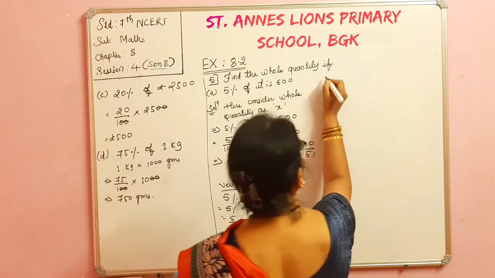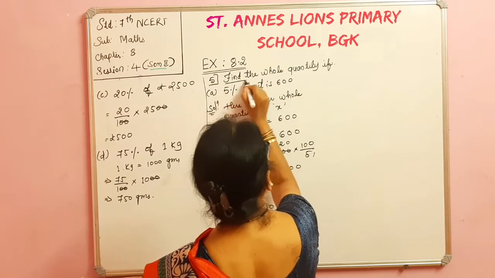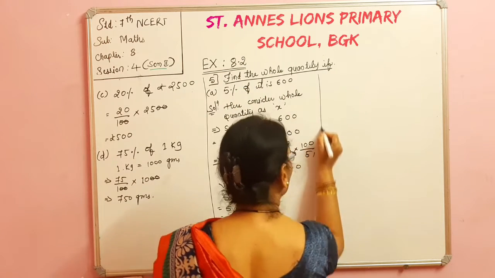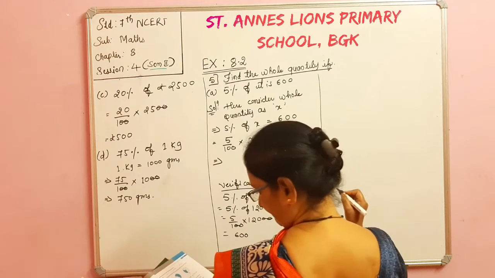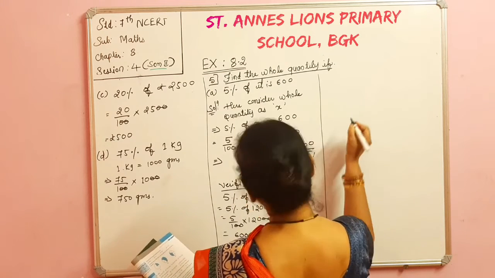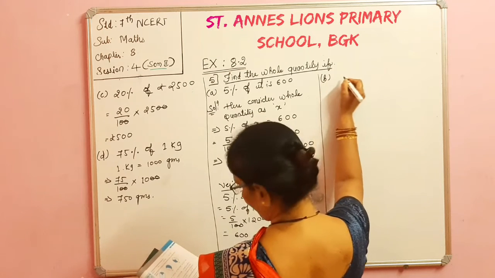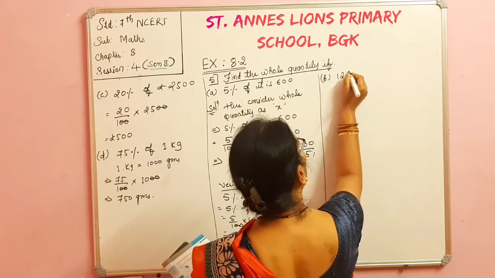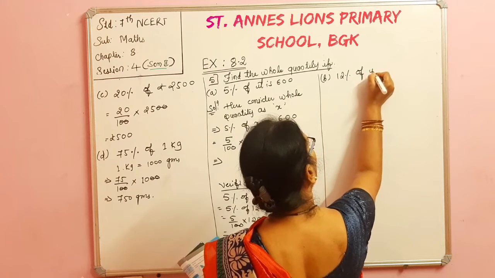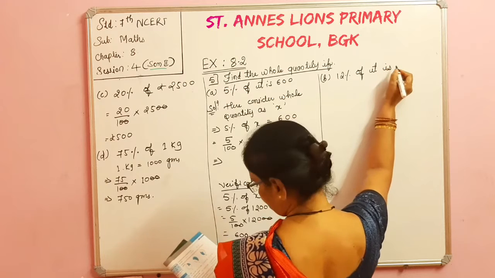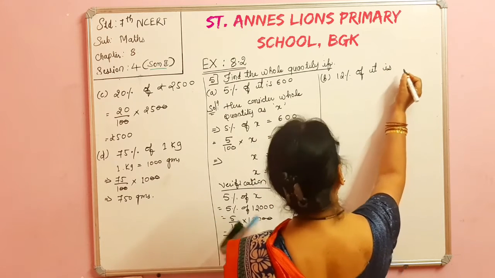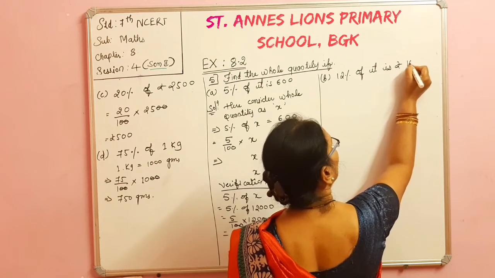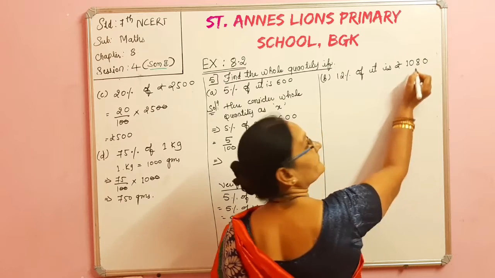So the second one, B. 12% of it is rupees 1080.